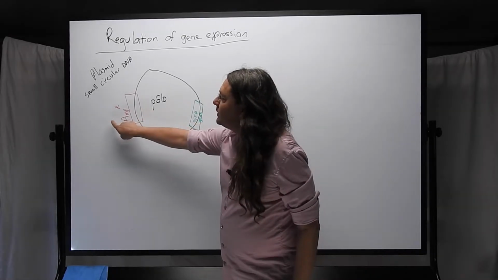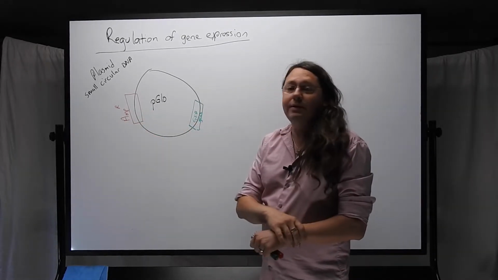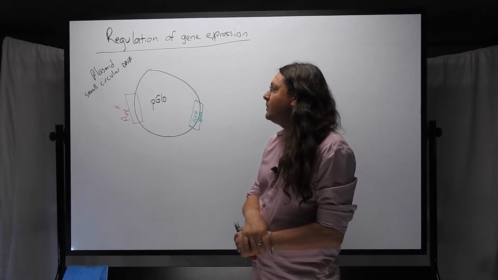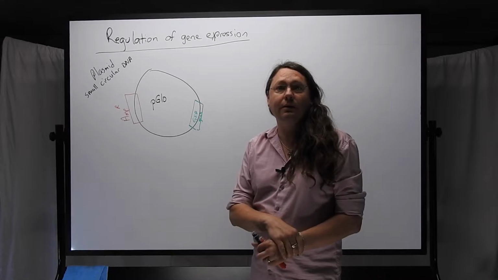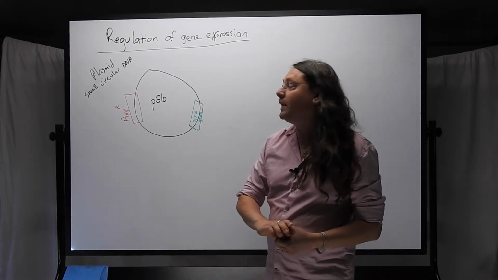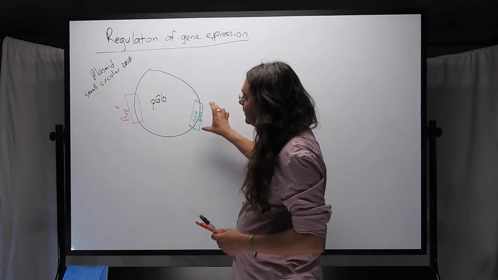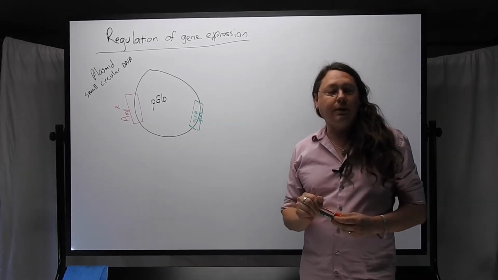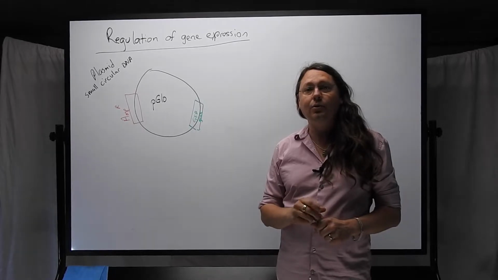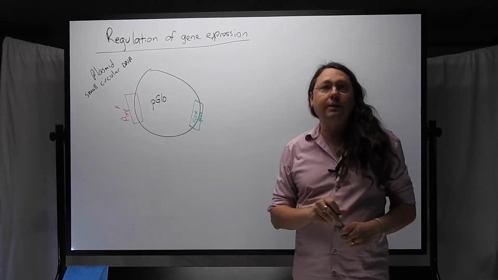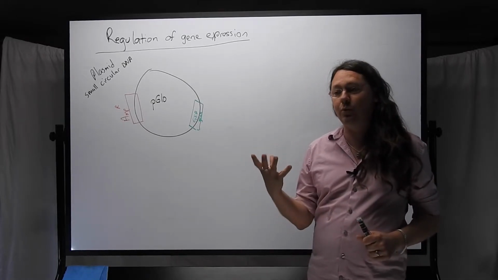Ampicillin resistance will confer resistance to the antibiotic ampicillin. It will destroy the ampicillin so that the E. coli can grow on the plate. The GFP gene, when expressed, will be transcribed and then translated into a protein that will result in green fluorescence, or the cells will glow green.